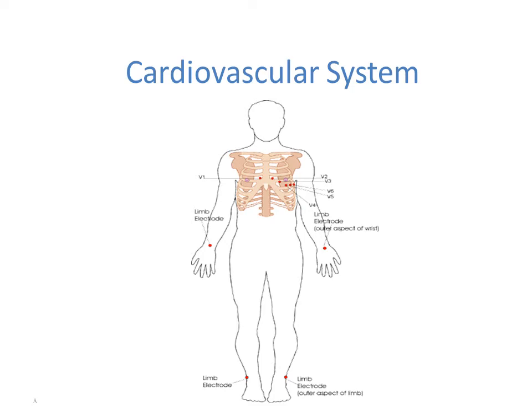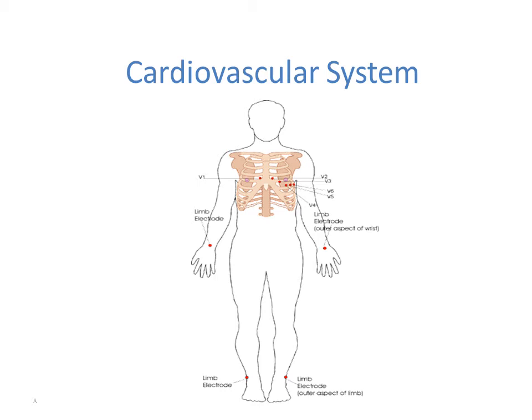Fourth intercostal space على ال V1, right to the sternum, left to the sternum اللي هي ال V2, ال V4 على ال fifth intercostal space, ال V3 between V2 and V4, ال V5 وال V6 على ال fifth intercostal space بس على ال anterior وال middle axillary line وبجانب وال V5 ما بين ال V6 وال V5.